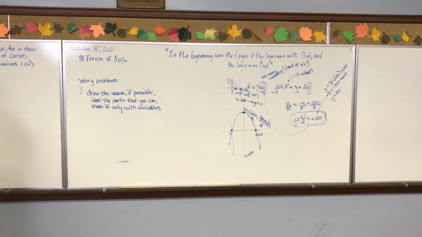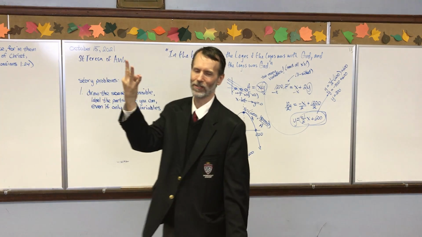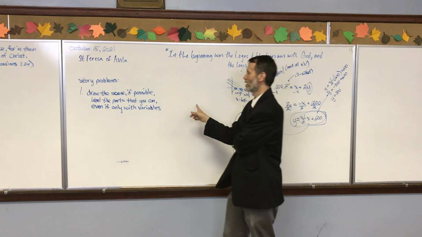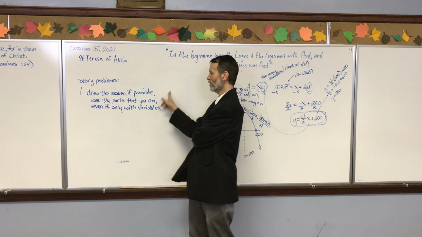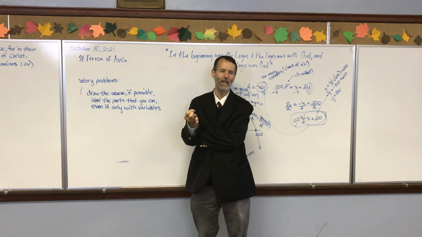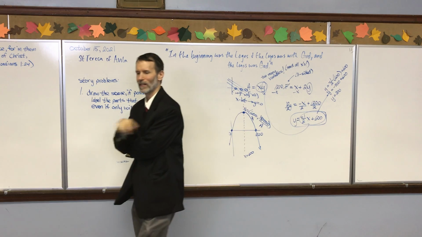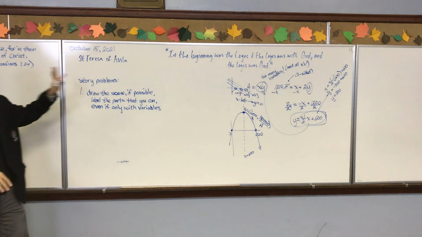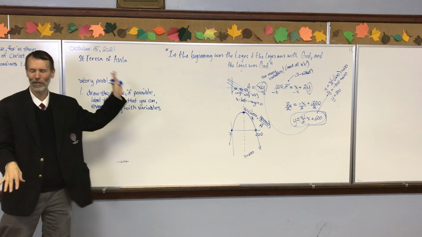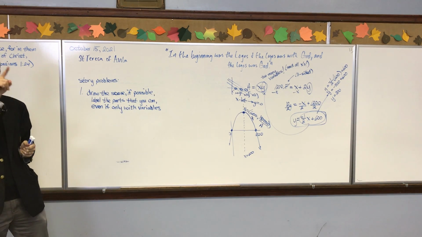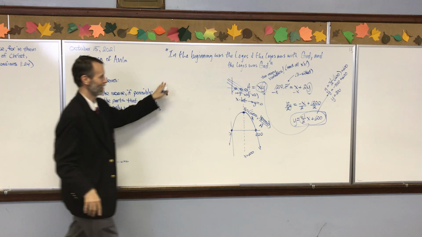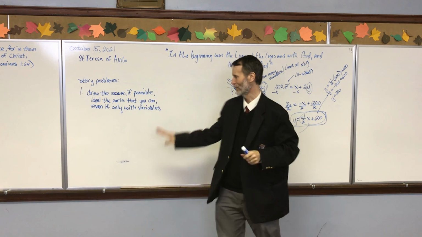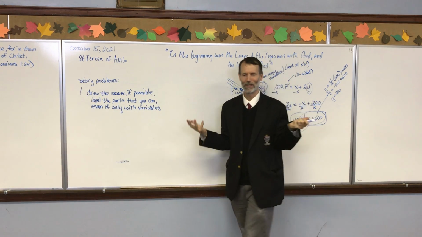The story problem in this particular case talked about a total of 3 things: length of fence, area, and then it asked for the dimensions, the length and width. Those are the things I'm going to label. I'm going to label the area, the perimeter, and the dimensions, X and Y, and then I'll have a formula for the fence and a formula for the area. That's how I label it.